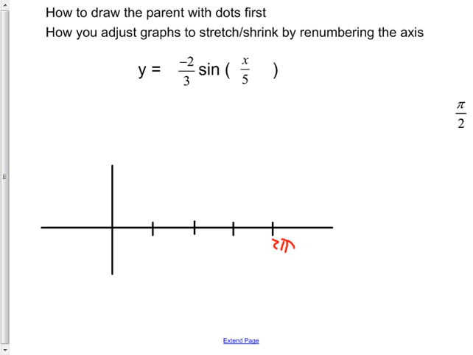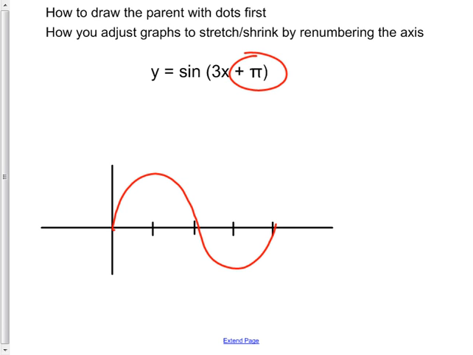Yes, question? Yep. How far would... If you wanted something to completely overlap, then its phase shift should be exactly the same as its period. Like if I make sine like this, that's a normal sine. And if I move it over, I've got to move it over far enough so that it actually completely lines up with where it used to be.